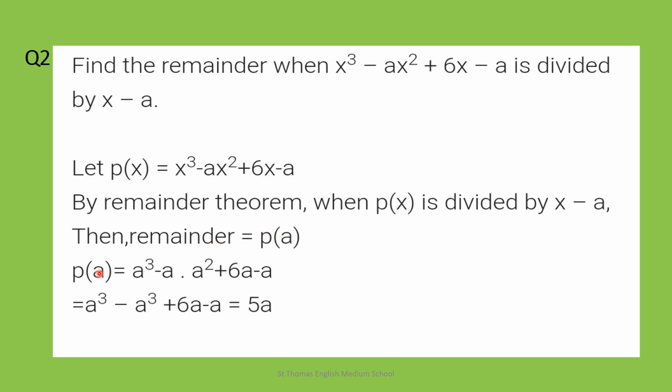So you will have p of a equal to a cube minus a multiplied by a square plus 6 multiplied by a minus a. That is equal to a cube minus a cube plus 6a minus a. Now, combine the terms which have the same power and same variable. You will have a cube minus a cube, that is 0, plus 6a minus a, that is 5a. So you are getting the remainder as 5a.